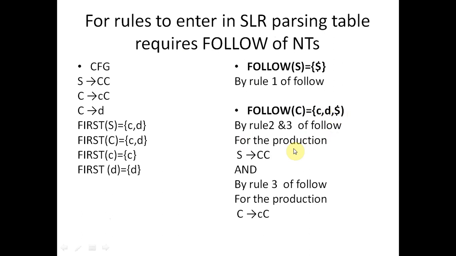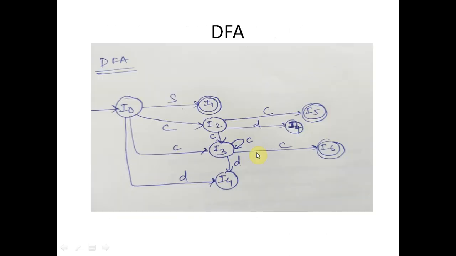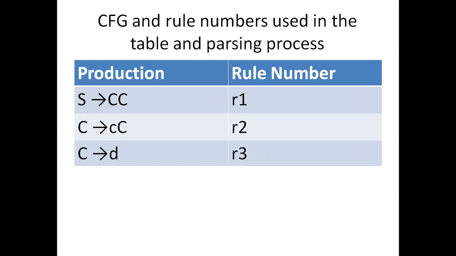The follow of this capital C is small c, small d and dollar. We have to set these with respect to the state, and the state number is 4. So from the fourth state on small c, small d and dollar, we have to write the production's rule number. The rule number for C produces D is 3, so we write reduce by third rule.